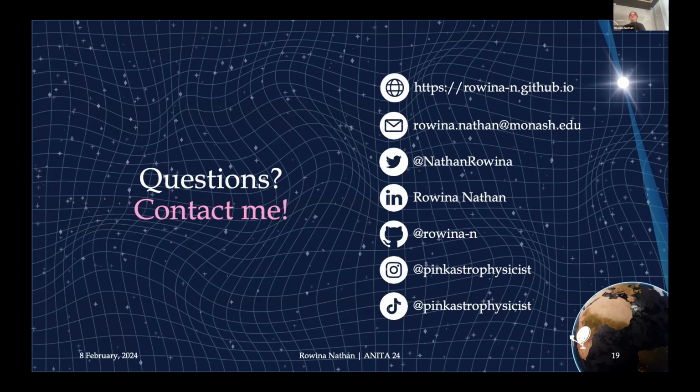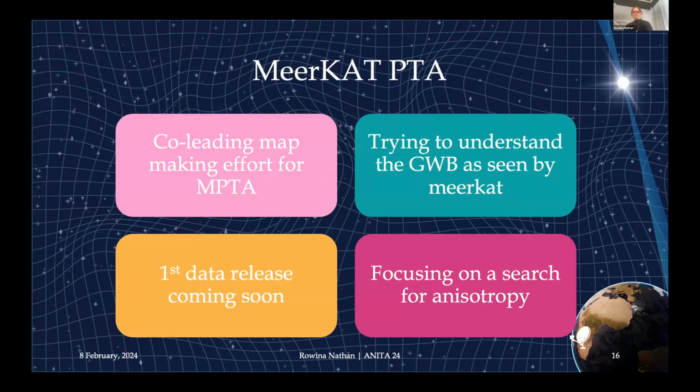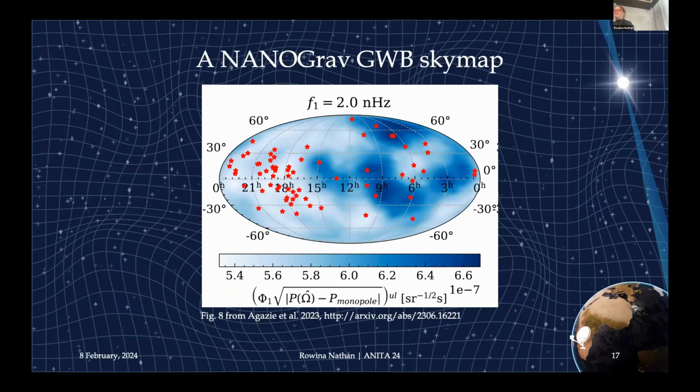I know your real results aren't out yet, but in the ones from NANOGrav, how you get this map. Oh, the map from NANOGrav. Yeah, so is that understood, what that variation on the sky is? I don't know a lot about how the NANOGrav maps were exactly put together because their code isn't super public.